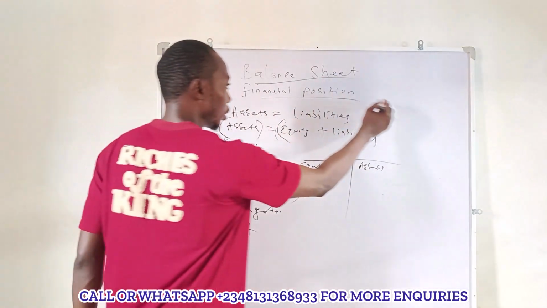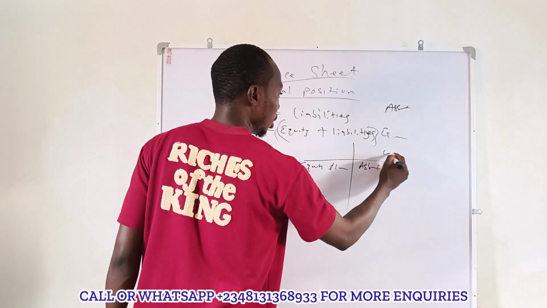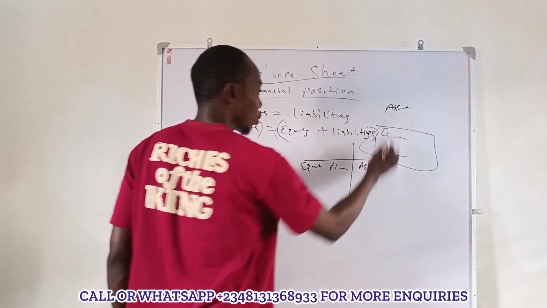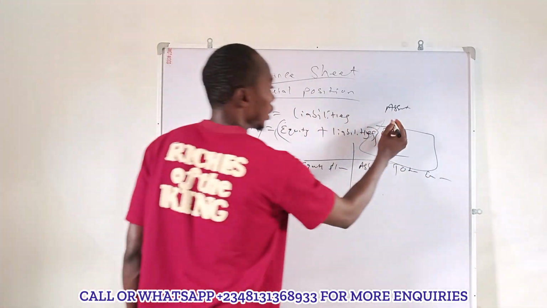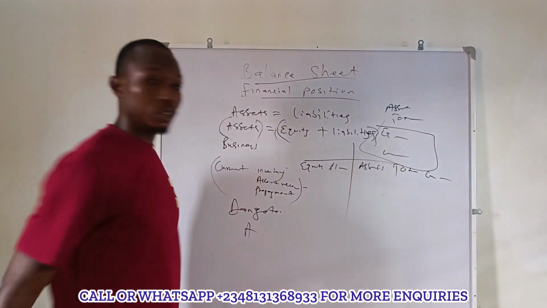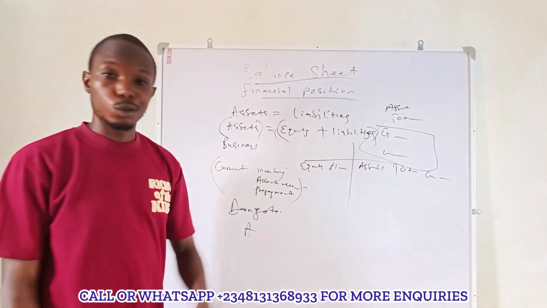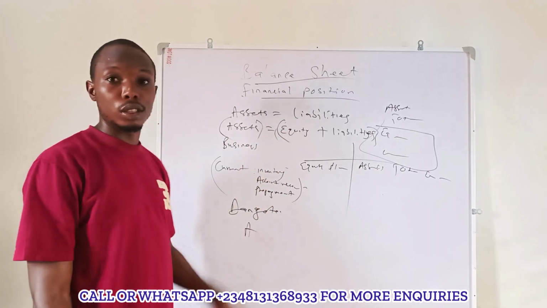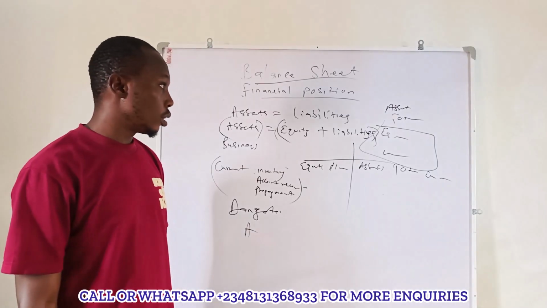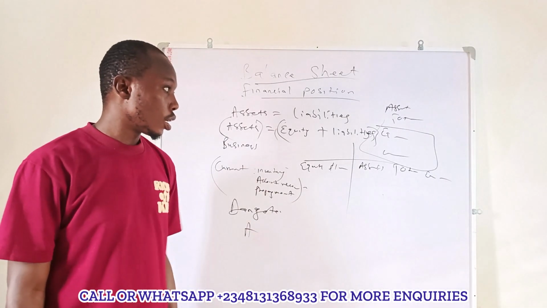Or if you want to start with a vertical, I think assets, then equity and liability. This is total equity and liability. Then the other is total asset when you add the non-current asset and the current asset. So my point is your asset is equal to your liability, but the liability in the form of the ownership is the equity, and the other liability in the form of the third party is also a liability.